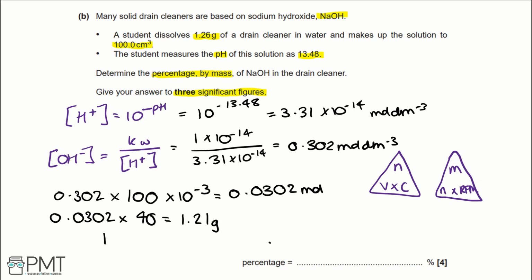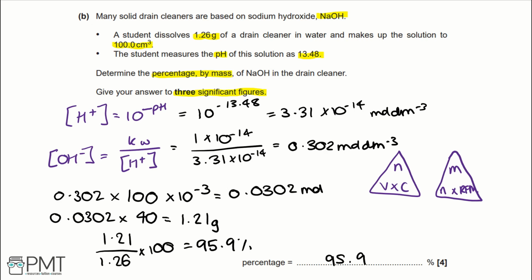So that would be 1.21 divided by 1.26 times 100, which gives us a percentage of 95.9%. Writing this on the answer line, 95.9, and that's to 3 significant figures.